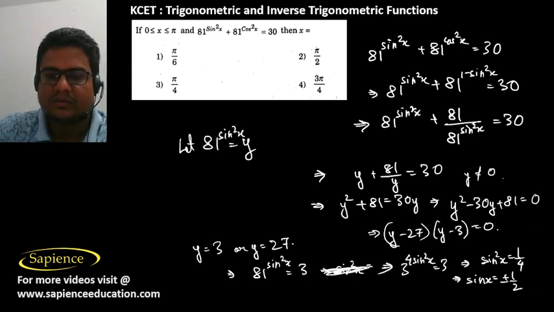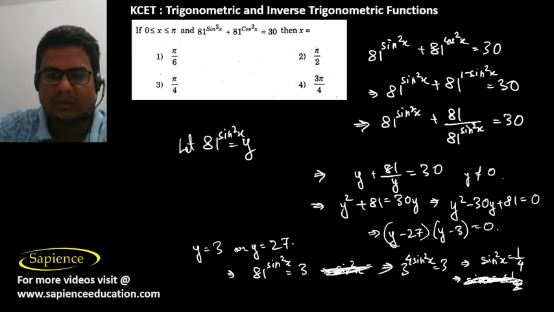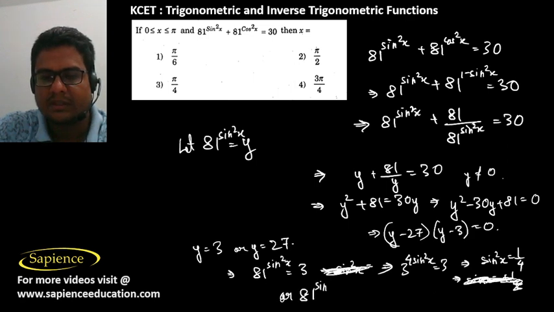Or if this is 27, then we can say that this is 3 power 3. So sine square x is 1 by 4, or it can be 81 power sine square x equal to 27, means 3 power 3.